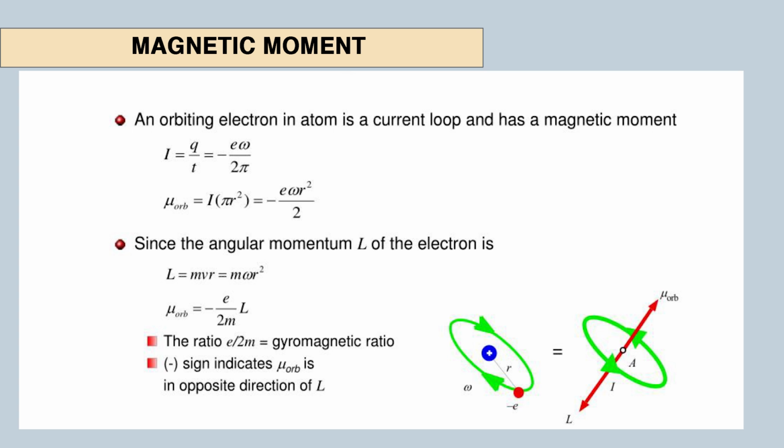Since the angular momentum L of the electron is L equal to m v r, which is m omega r square, putting in the value, mu equal to minus e upon 2m into L. The ratio e upon 2m is the gyromagnetic ratio. The minus sign indicates the magnetic moment is in the opposite direction of the angular momentum L.